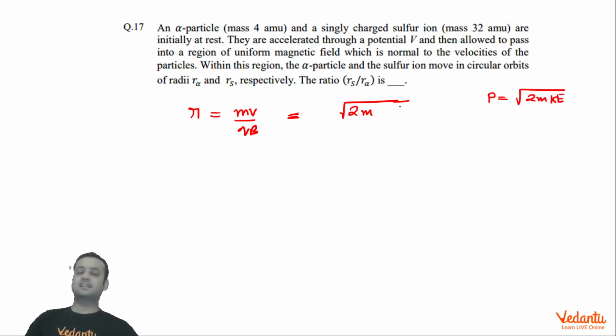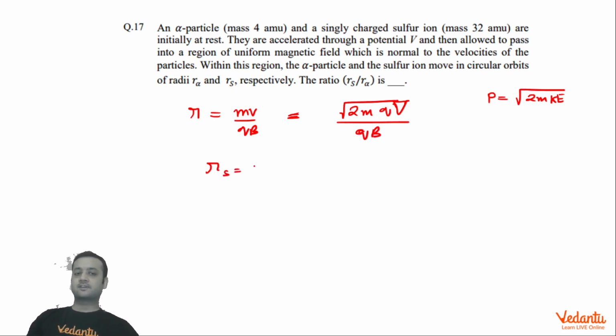Now the kinetic energy of this particle, since it has been accelerated from zero velocity through a potential difference of V volts starting from rest, would have become QV, where Q is the charge and V is the potential difference. So R can be written as square root of 2m times QV, divided by QB. So this is the general result that we are going to use.